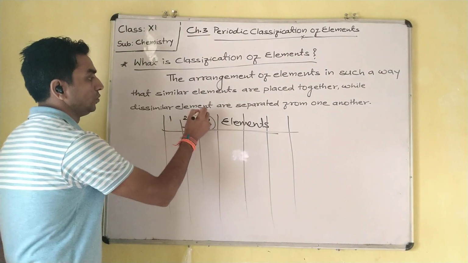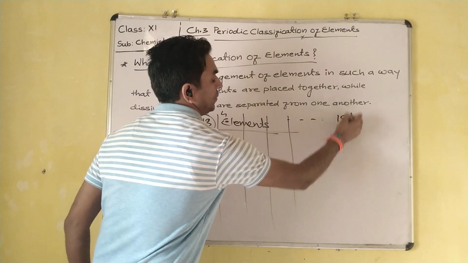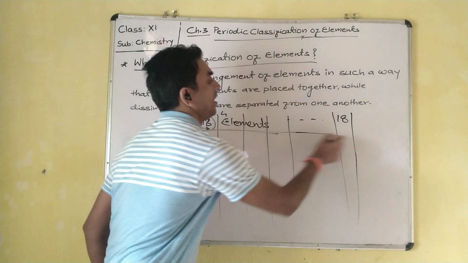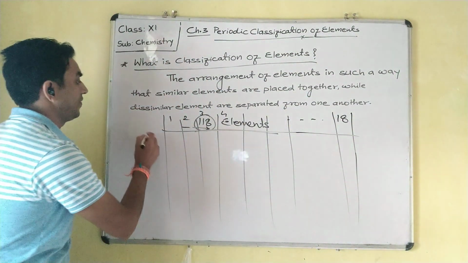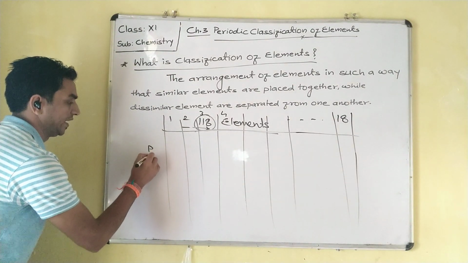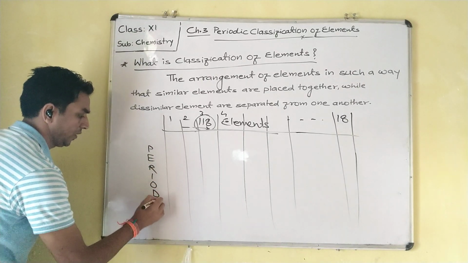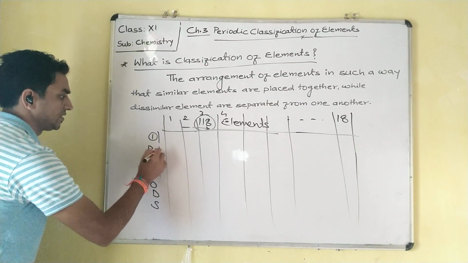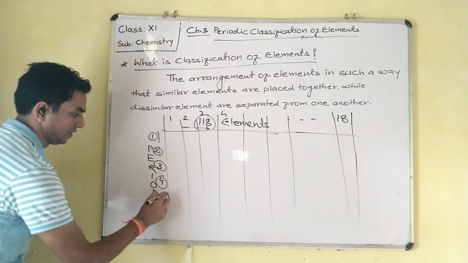Group 1, 2, 3, 4, and till 18. So all 118 elements are placed in 18 vertical columns, which are known as groups, and 7 horizontal rows, which are known as periods. These are the periods: first, second, third, fourth, fifth, sixth, seventh.